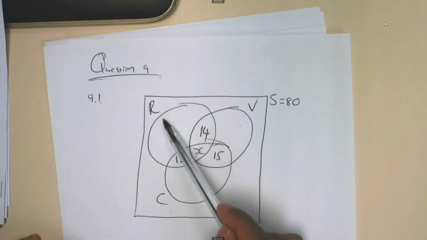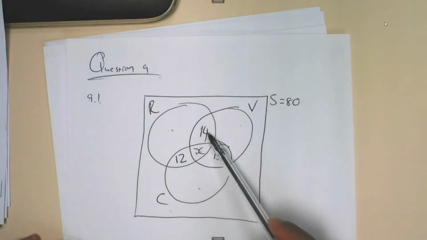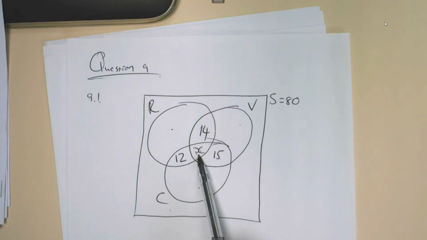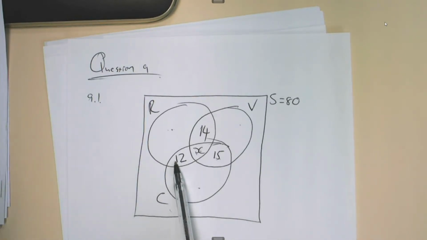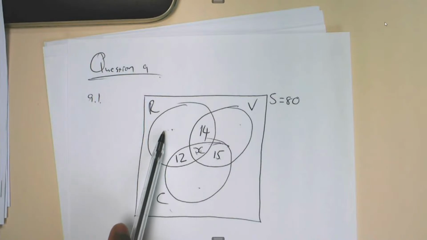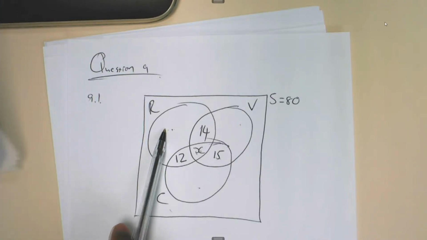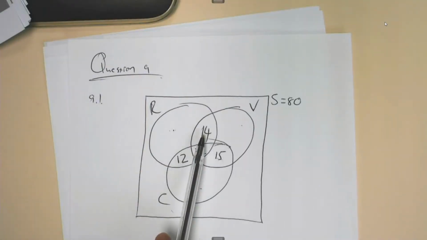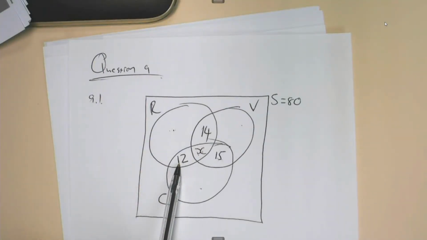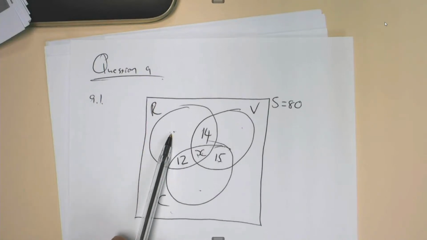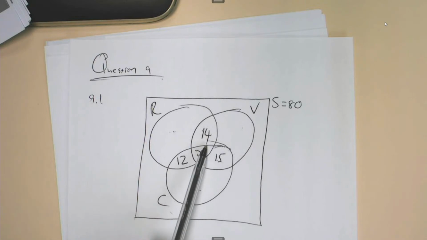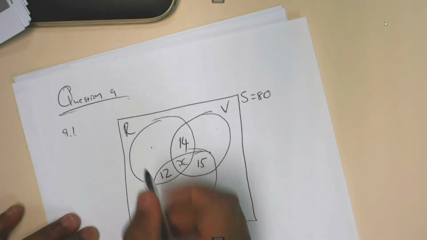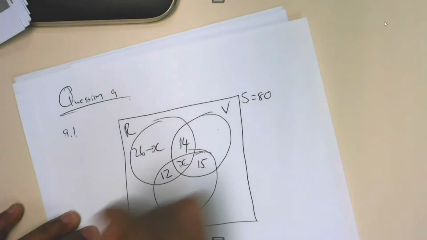But already in this rugby event, I have 14 learners that are part of the 52, I have X learners that are part of the 52, and I have 12 learners that are part of the 52. So in order for me to find out how many learners just play rugby, I need to subtract 14, X, and 12 from 52. If you take 52 minus 14 minus X minus 12, that will give you 26 minus X.